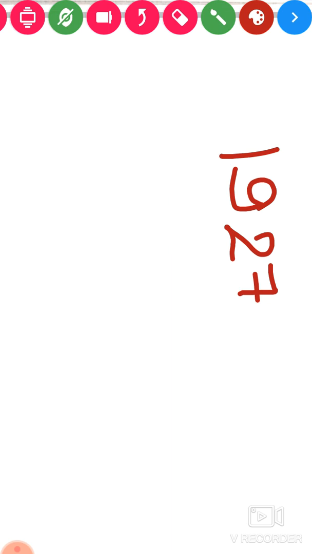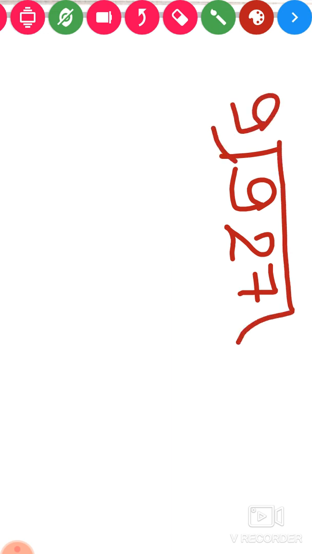Let us do this question. We'll start from the first digit, that is 9. So do we get 9 in 9's table? Oh yes, we get 9 ones are 9. Now what will we do? We will put a cross here.